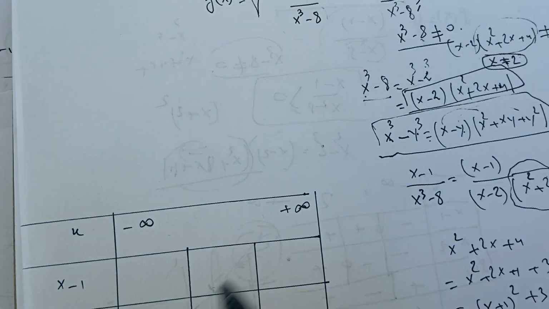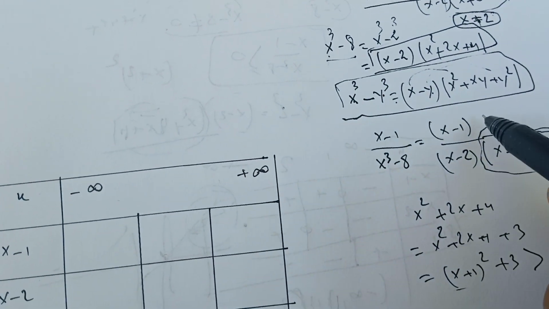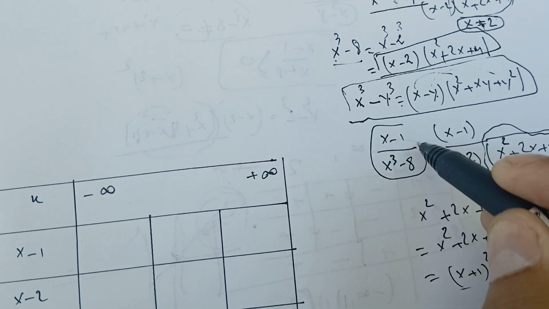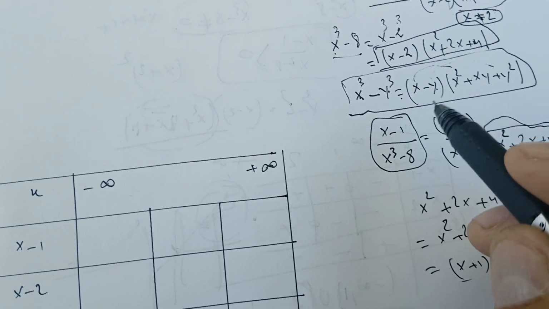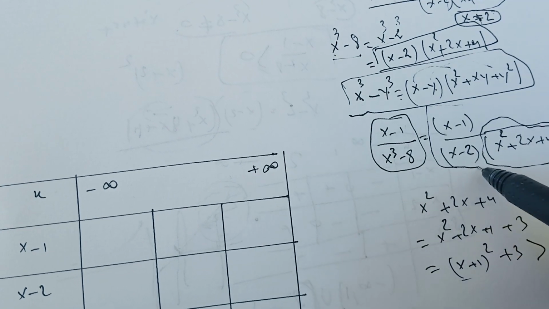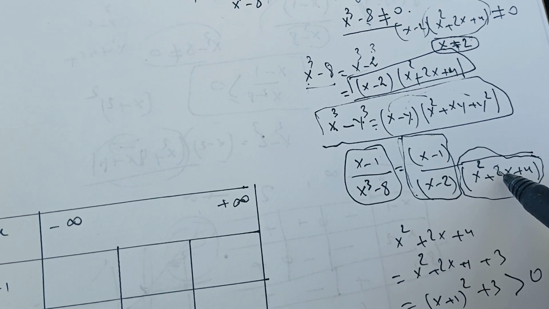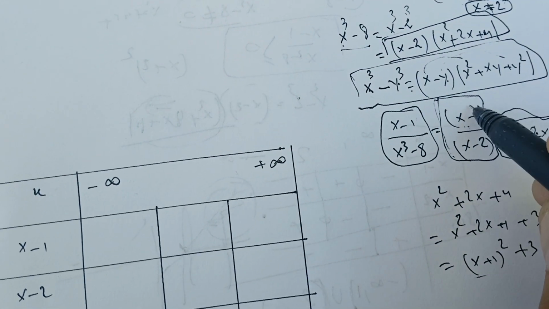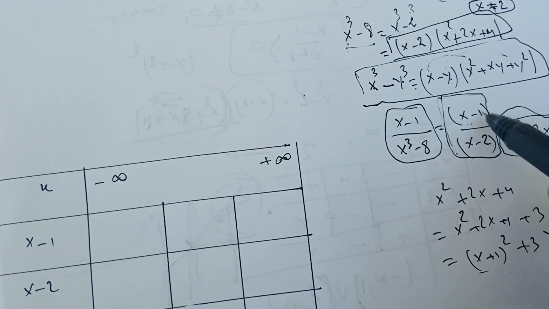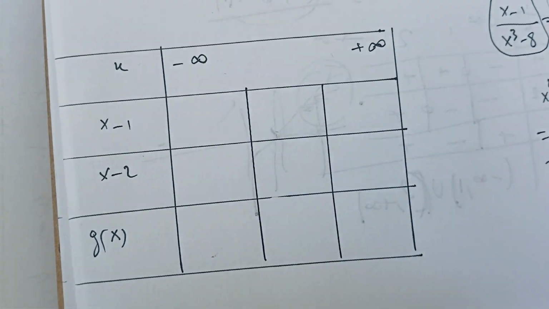So now, to study the sign of this one and check the values of x that are positive, I need only to check the sign of this side, because this one is always positive. To do that, I make a small table.